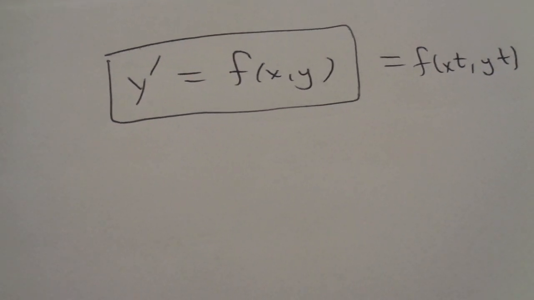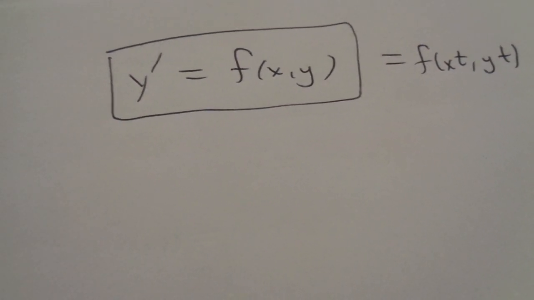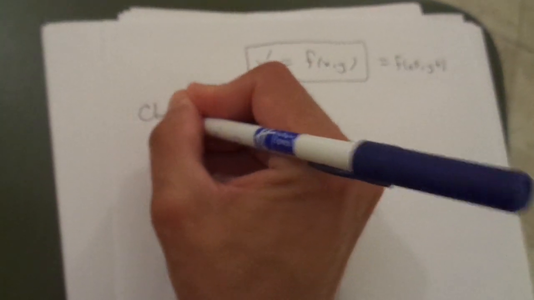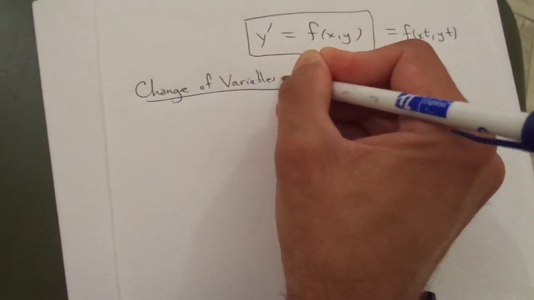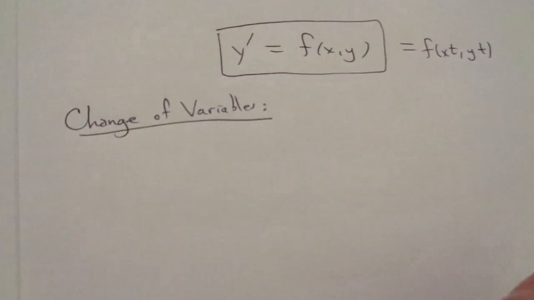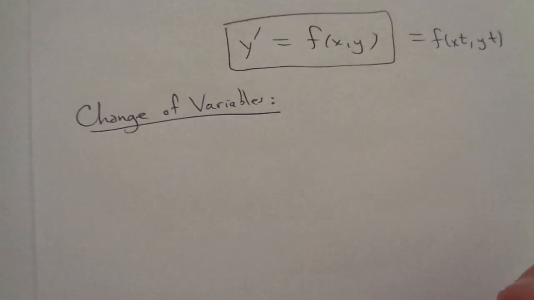Then the question becomes, well, how do you solve the differential equation? Well, again, we're going to use a change of variables. That's the title of section 1.8. Okay, that's what we're talking about in this video.